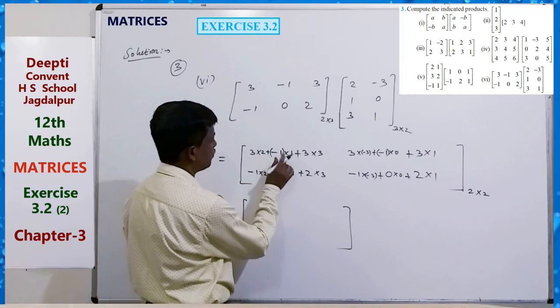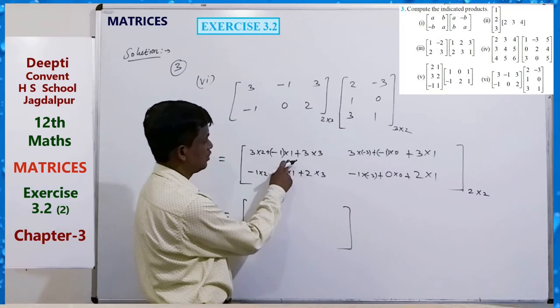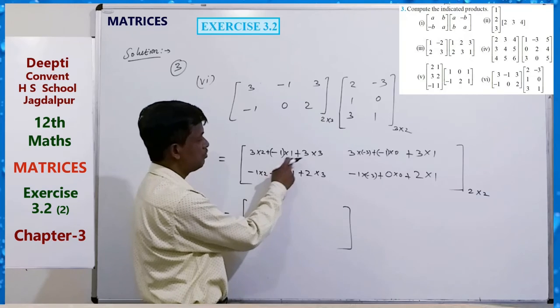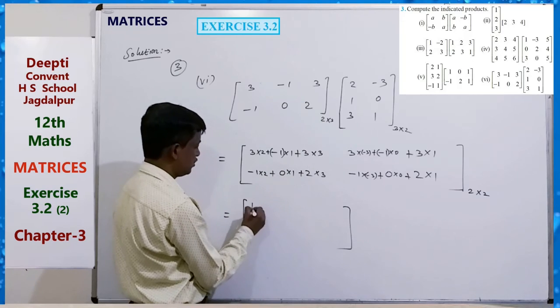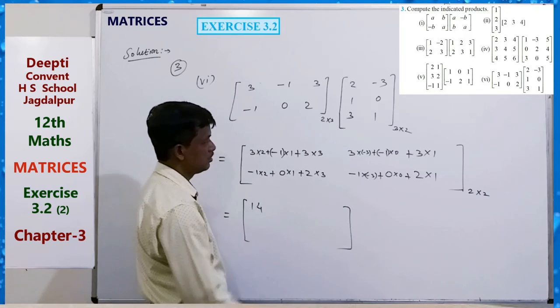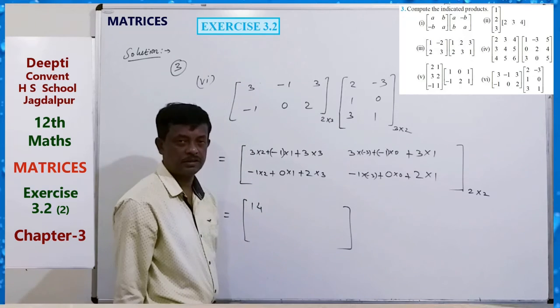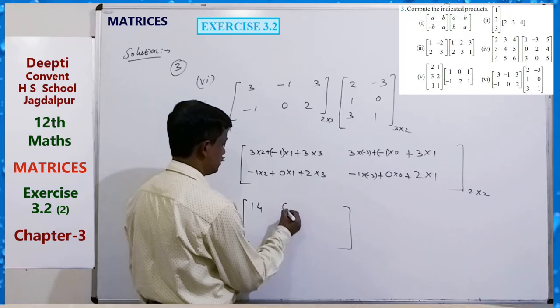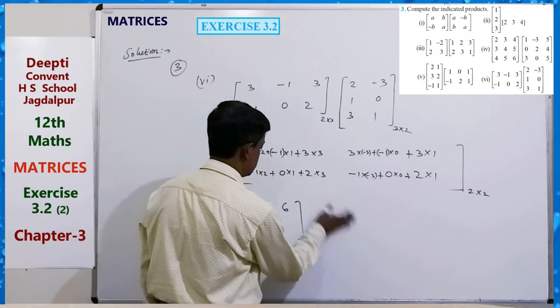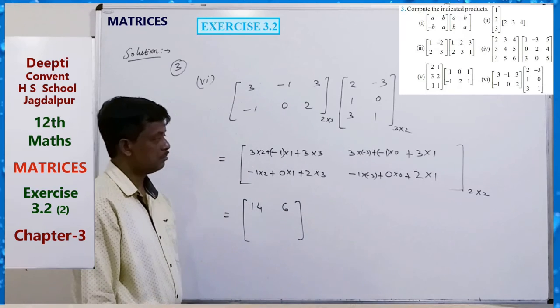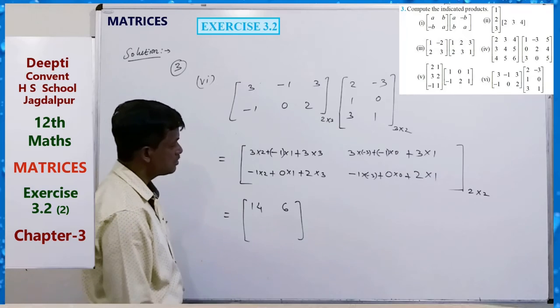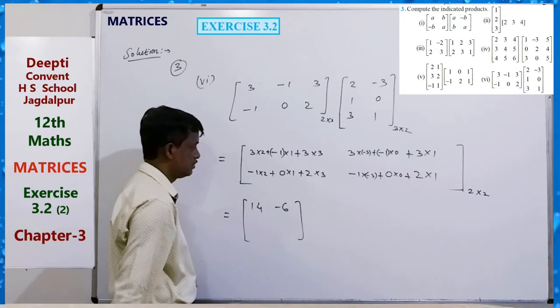6 minus 1, 5 plus 9, 14. Minus 9 plus 3, 6, minus 6.